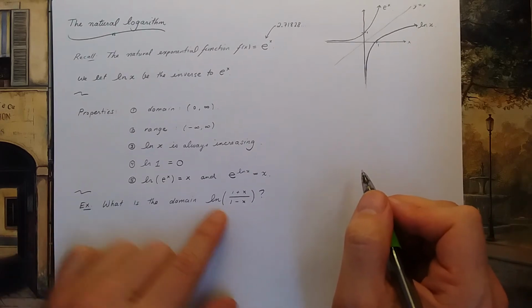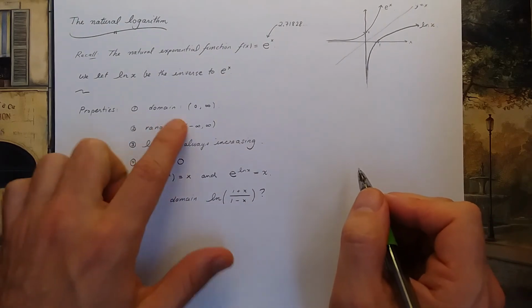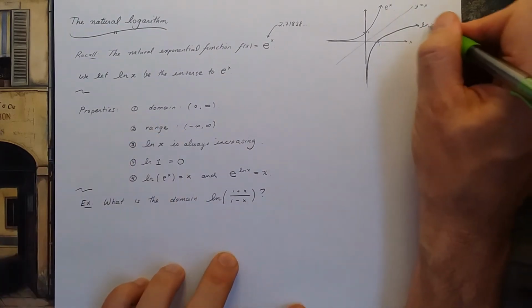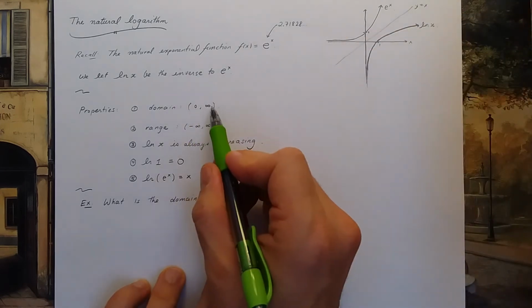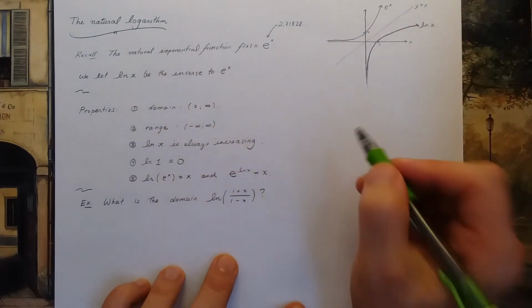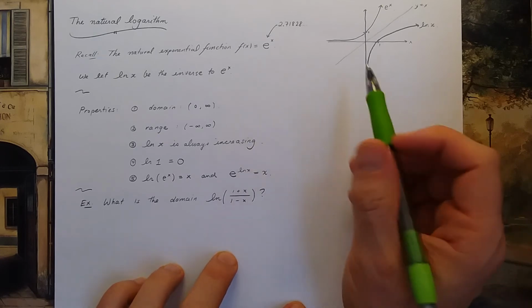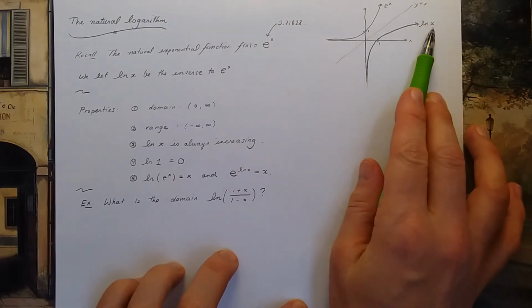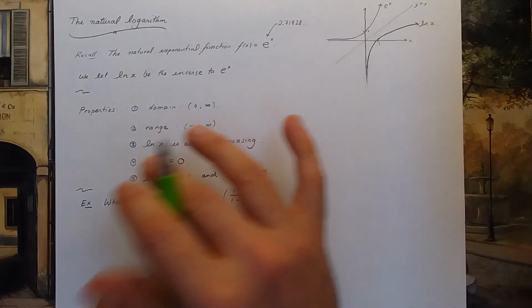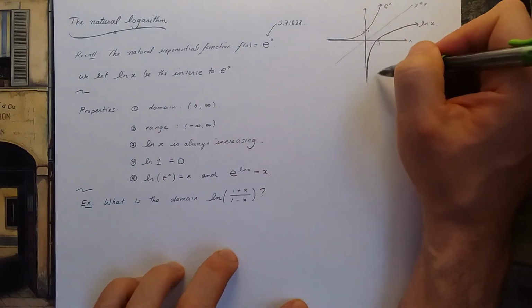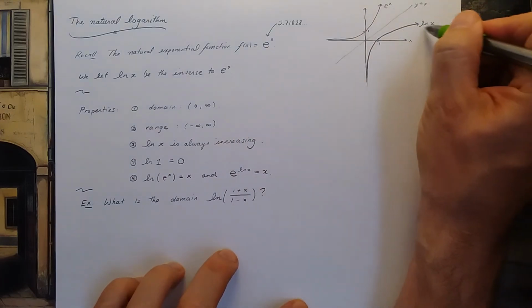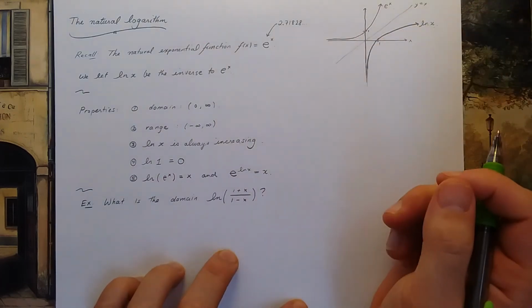Well, if you look at this definition, the domain of regular old ln x is 0 to infinity, meaning you can only take a log of a positive number. So log of -1 is garbage. You can only put in positive numbers inside of the logarithm function.